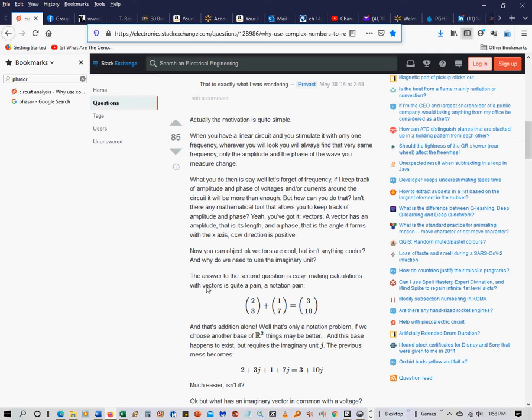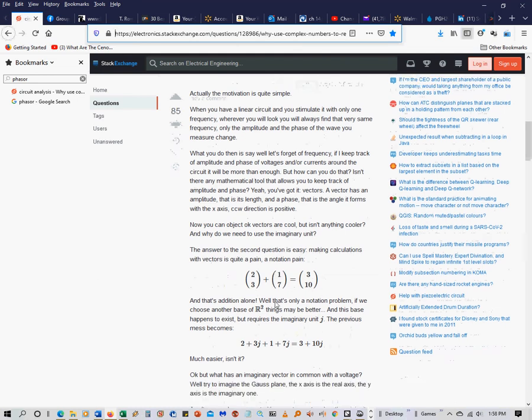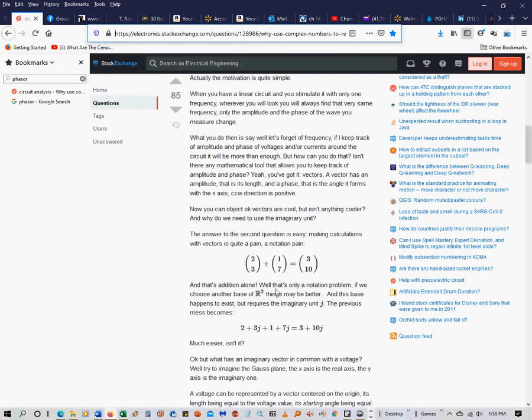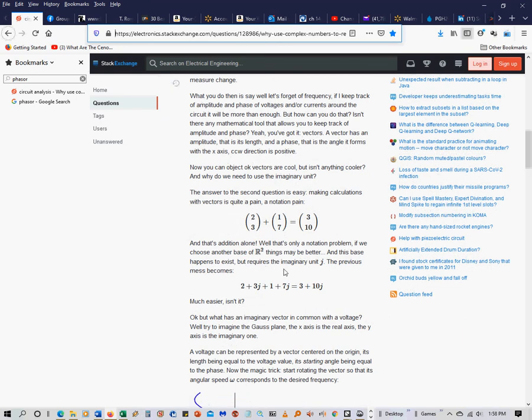Making calculations with vectors is quite a pain, a notation pain. So if you had a vector of 2, 3, and 1, 7, and you wanted to add them together, it would look like this. Okay, so you're adding the 2 plus the 1 to get the 3, 3 plus the 7 to get the 10. That's an addition alone. Not only a notation problem, but if we choose another base of R squared, things may be better, and the base happens to exist, but requires the imaginary unit j.